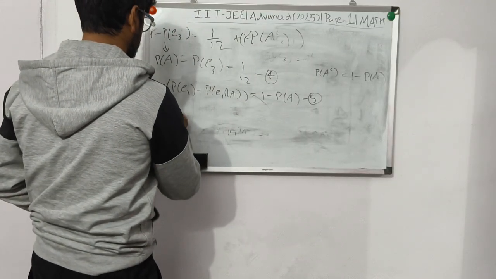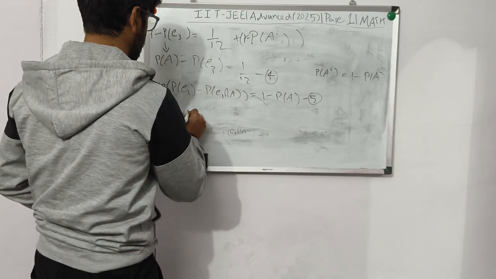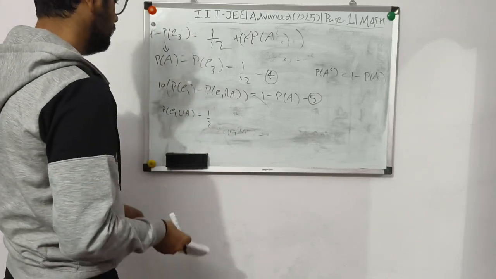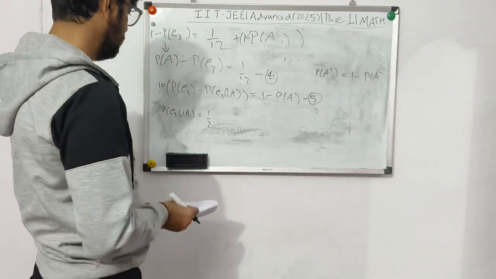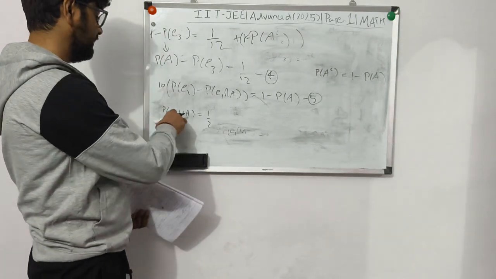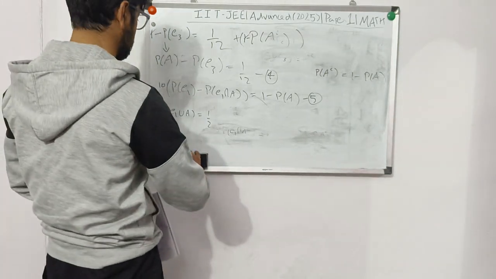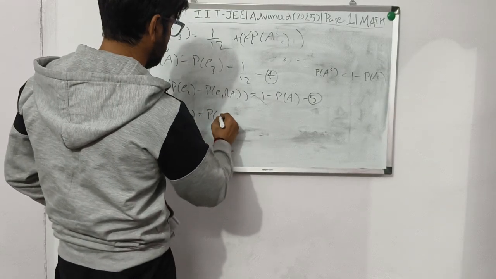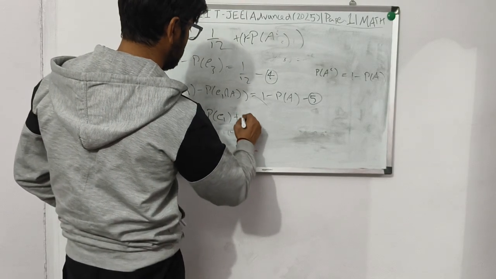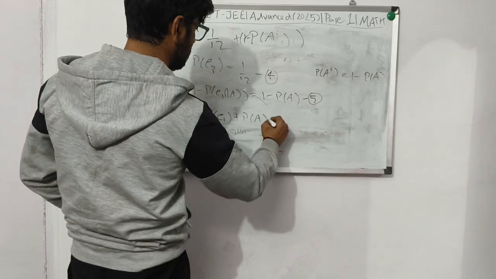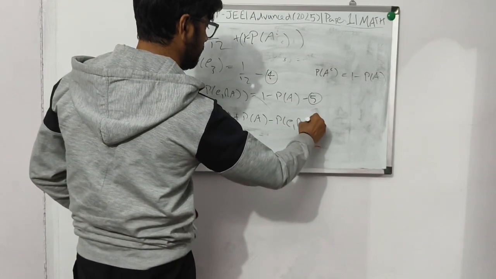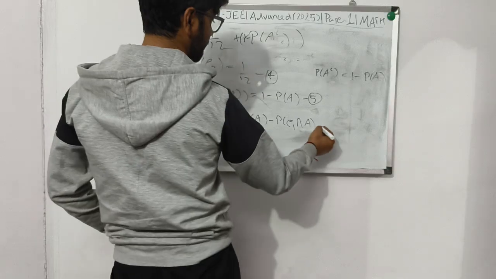Equation 1 is P(E1 union A) equals half. Now I am going to use the inclusion exclusion principle. This equals P(E1) plus P(A) minus P(E1 intersect A), and this is given as half.